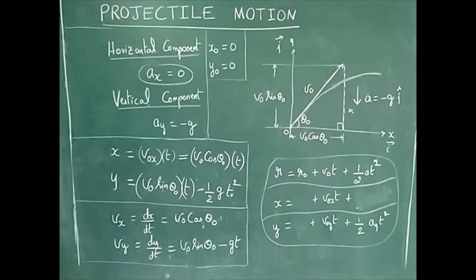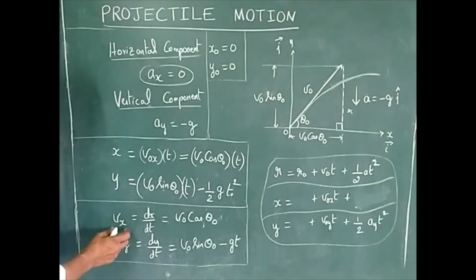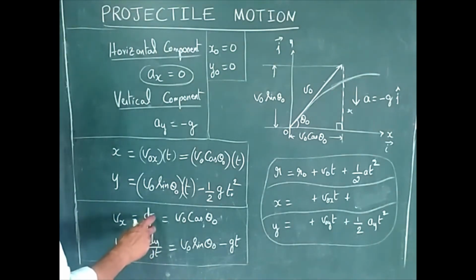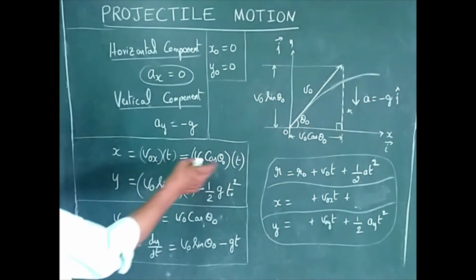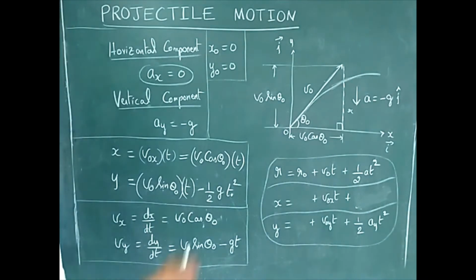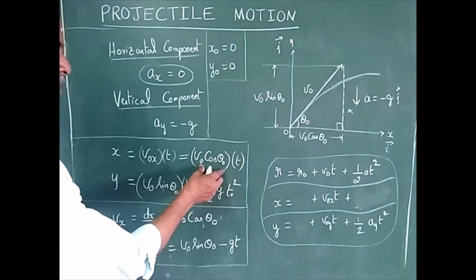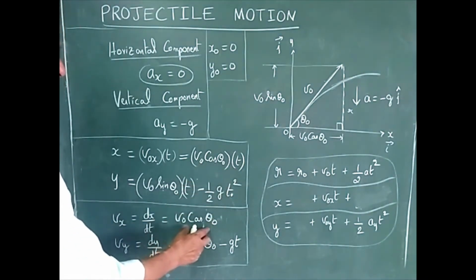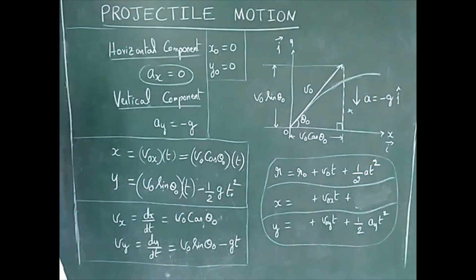Now Vx, the velocity along the horizontal direction or horizontal component of velocity, is dx by dt, the rate of change of distance along x. So this component has to be differentiated with respect to t. V naught cos theta naught is a constant. Differentiation of t is 1. Therefore, V naught cos theta naught. Next we want to find the velocity component along the y direction.